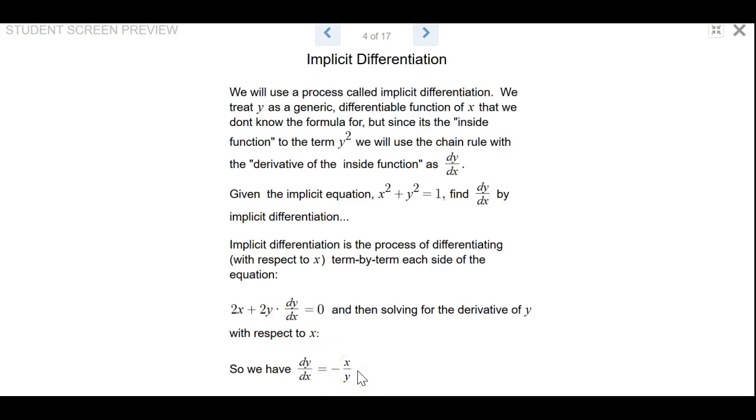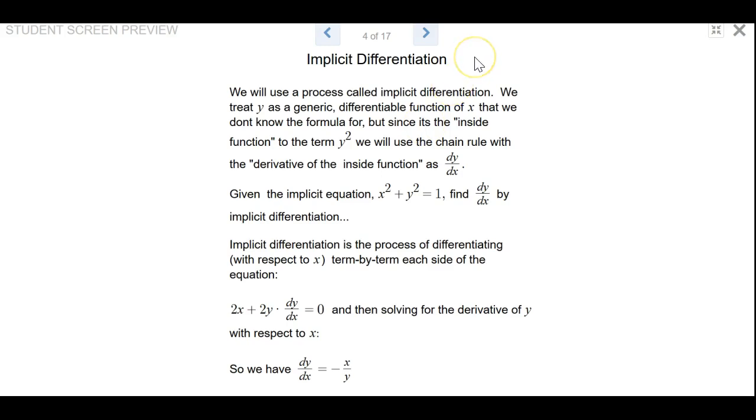So notice that I don't have an explicit formula for dy/dx in terms of just x. Y shows up in there. I don't know what y is necessarily, but I do know I can express the derivative of y with respect to x in terms of x and y with this expression. So it's a little bit abstract right now because you're dealing with this unknown function.